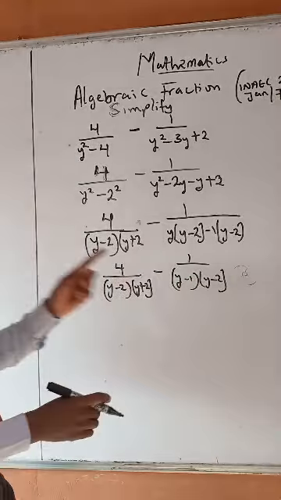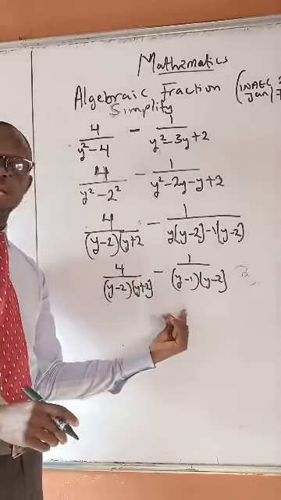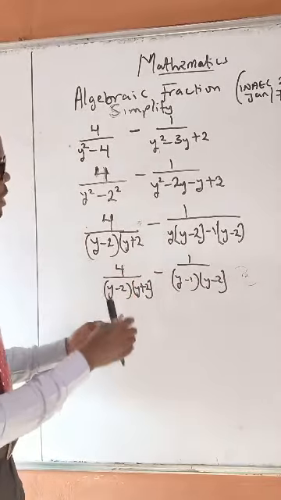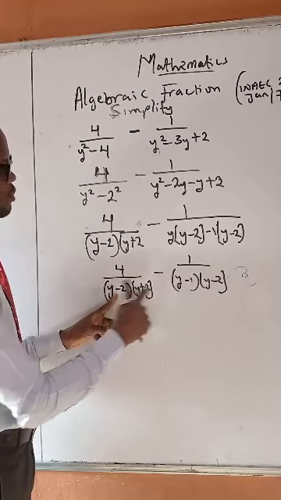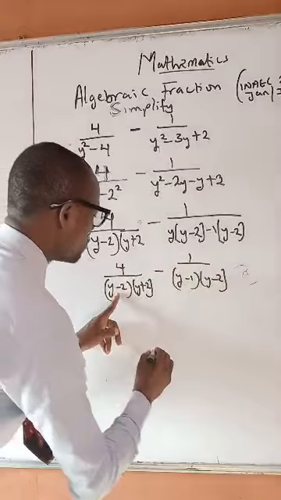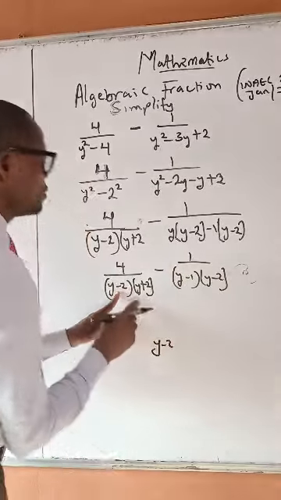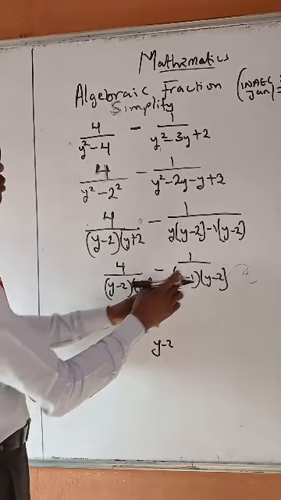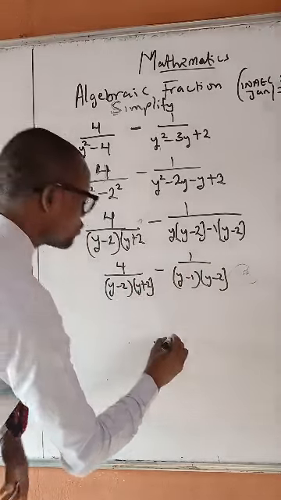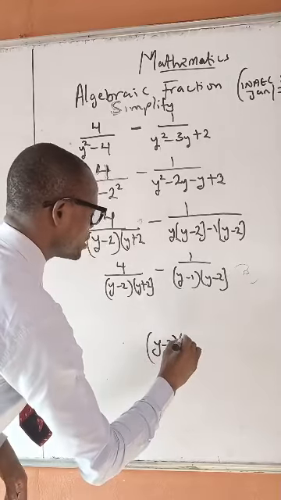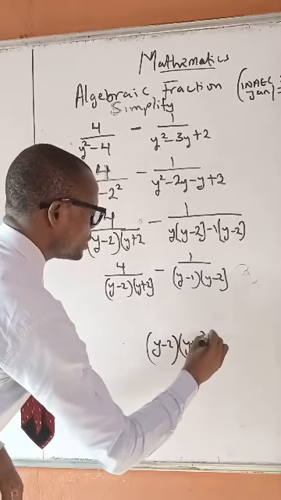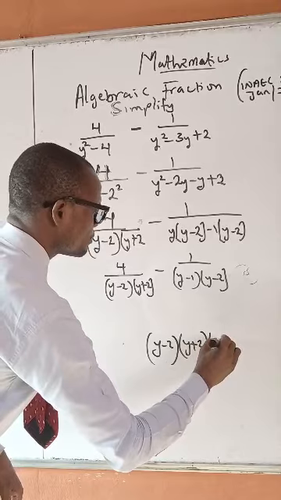Don't forget now, since we have minus, we look for the LCM of this. We have y minus 2 here, we have y minus 2 here, you pick that one, y minus 2. Then we have y plus 2, we have y minus 1, so bring the y plus 2 again, then y minus 1.